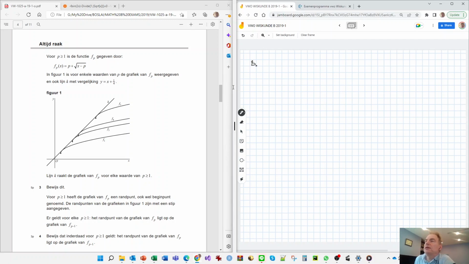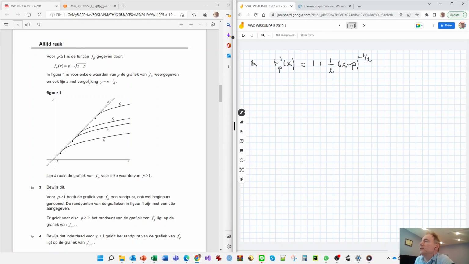Well, let's calculate the derivative of fp. And note, there's like an infinite number of functions, and they all have a derivative which also would depend on p. Well, if all is well. So derivative of p, you get 1. Then we can use the chain rule. You get 1/2 from differentiating this square root, and to the power minus 1/2.